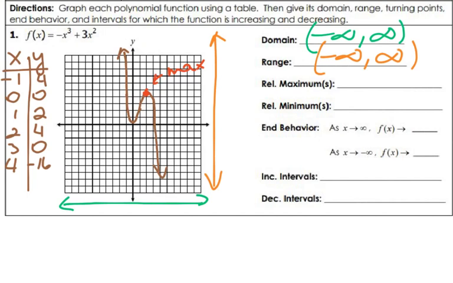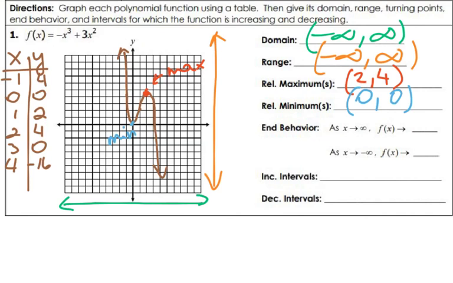It's going to be, I believe, the point that corresponds to 4. And the relative minimum, it's right here. So this is your min, and the minimum is just the origin, 0, 0.